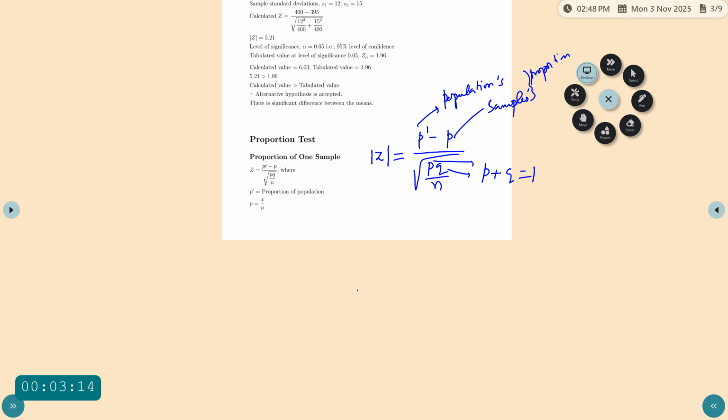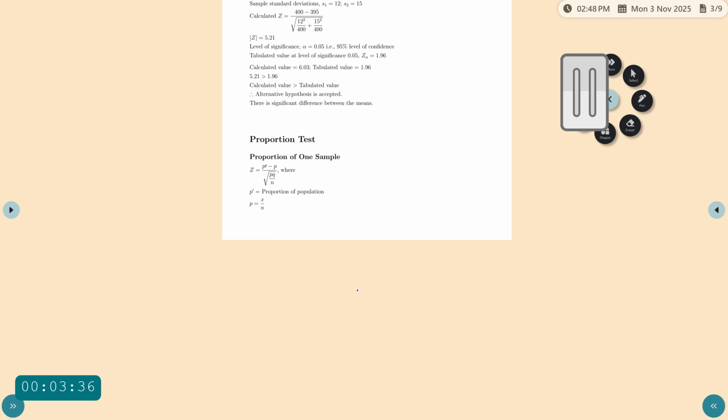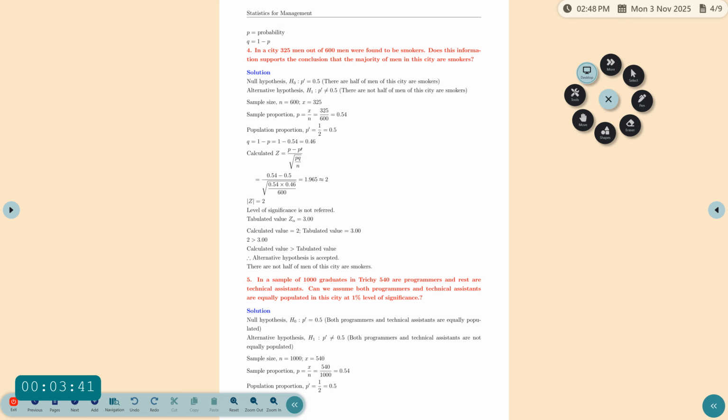The probability of failure plus the probability of success is equal to 1. That's why we calculate Q from this relation, which is 1 minus P. So this is what we see. Now, in the same way, we could see the proportion of two samples.